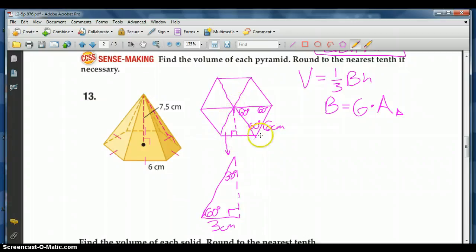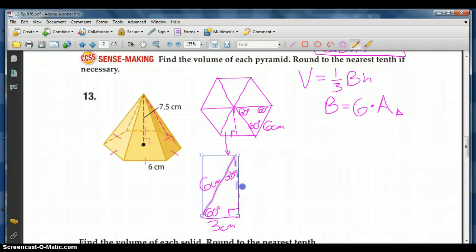So if we split this equilateral triangle in half, we would have a 30, 60, 90 triangle, where this edge right here is 3 centimeters, so that's opposite from 30, so that's our short leg. If we take that times 2, we get our hypotenuse.